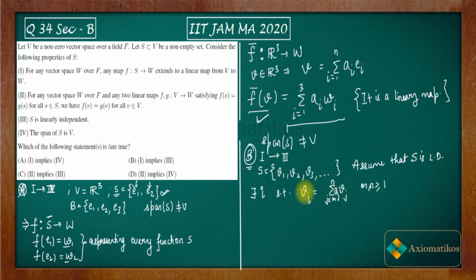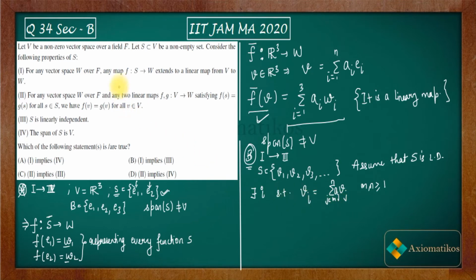This is the definition of a linearly dependent set: at least one element can be written as a linear combination of some other elements of S. We don't know which elements we will have in this linear combination, but we can write it arbitrarily.